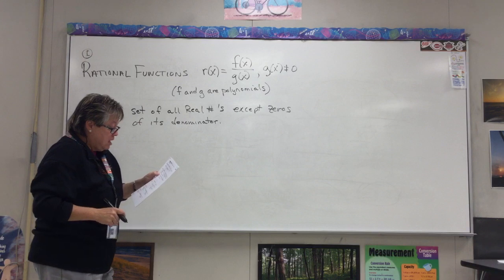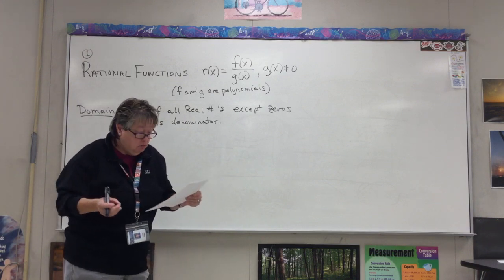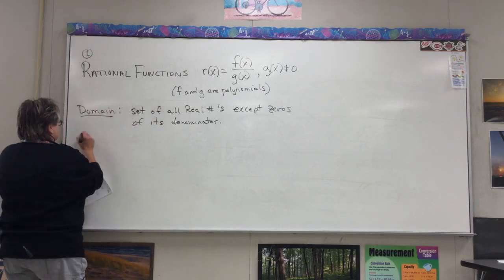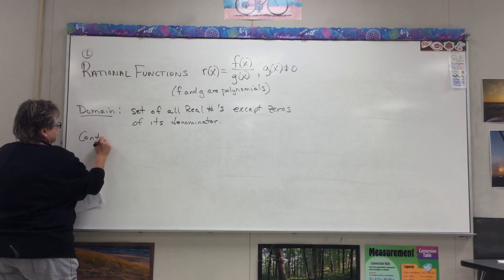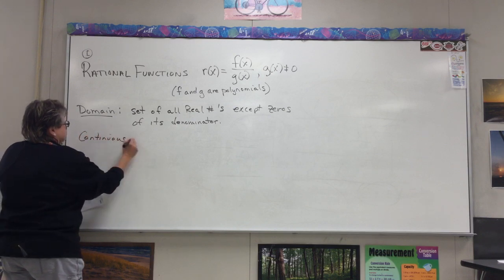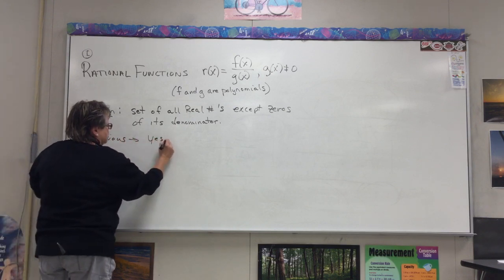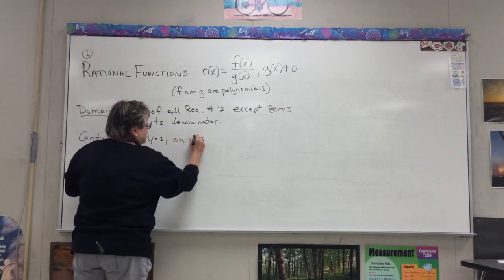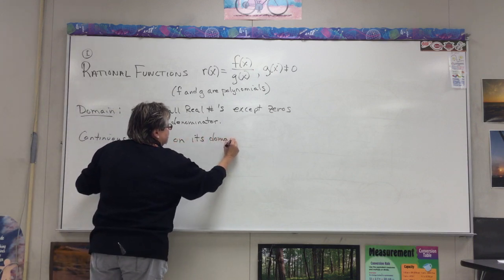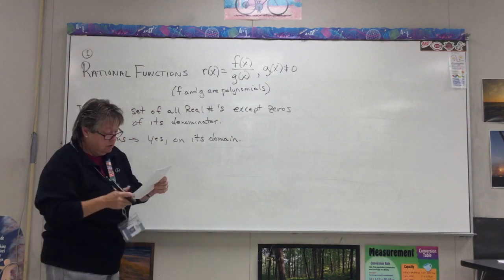Every rational function is continuous on its domain. So if I ask you, is it continuous? We would say yes, on its domain. Okay, so that's something else we know.